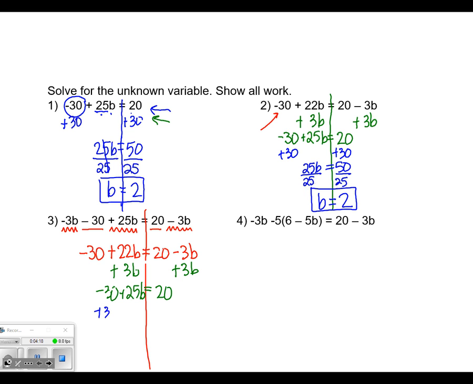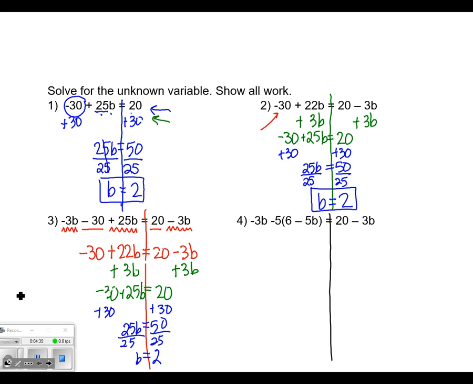Need to add 30 to both sides. Gives me 25b equals 50. Divide by 25 on both sides. B equals 2. Wow.